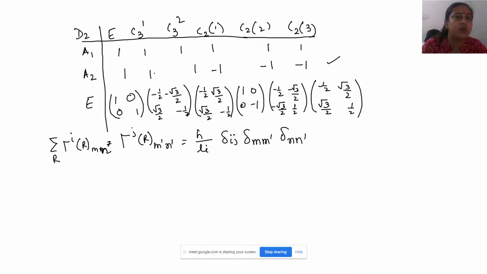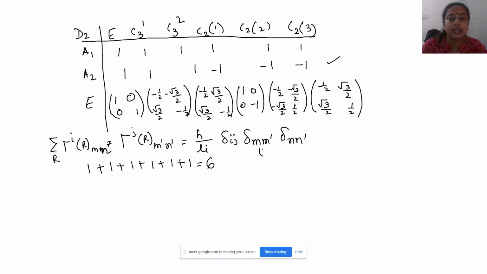So let me take the individual matrix element and then multiply with the same matrix element and sum them up over the entire symmetry operations. If I do so, I am going to get 1 squared, that is 1, 1 squared, that is 1, 1 squared, that is 1, minus 1 squared, that is 1, minus 1 squared, that is 1, and again minus 1 squared, that is 1. So this is 6.